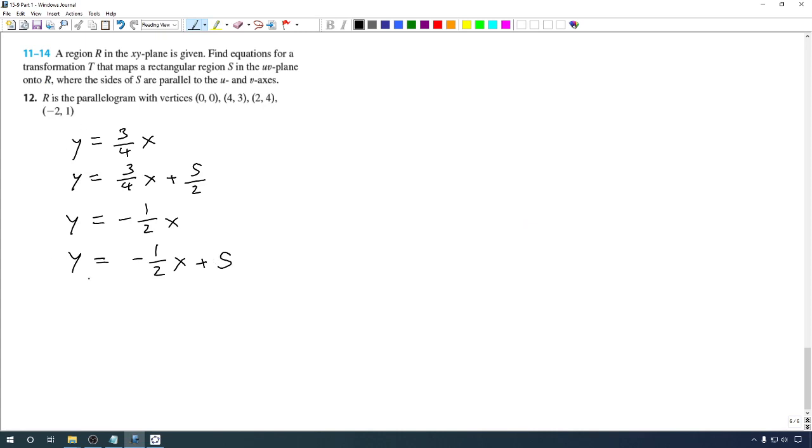And now we want to take these formulas for our boundary lines and move them around so that we can actually identify some things that equal constants. So what I did is I took these first 2 formulas and moved everything with x's and y's over to one side. So we have negative 3/4 x plus y is equal to 0, and negative 3/4 x plus y is equal to 5/2.